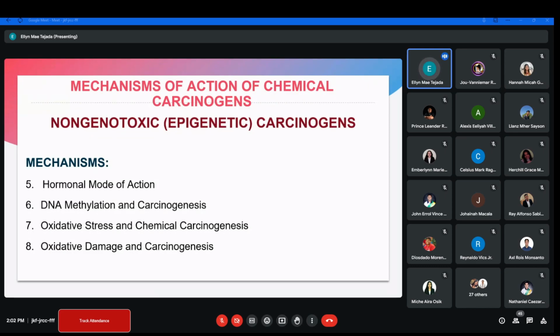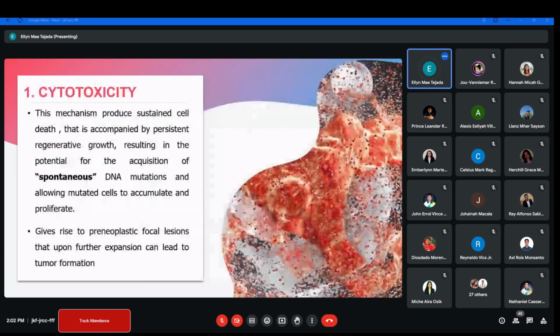So both of these, oxidative stress and oxidative damage, are persistent in DNA damage that can result in either arrest or induction of transcription, induction of signal transduction, and could possibly also be a reason for genomic instability, in which some of the events are potentially involved in carcinogenesis.